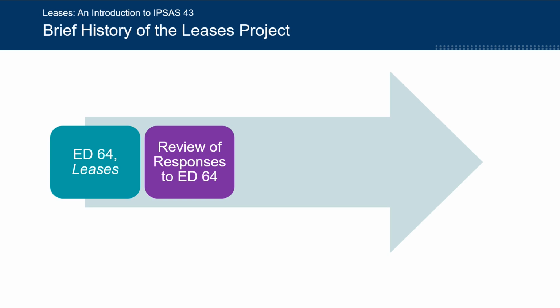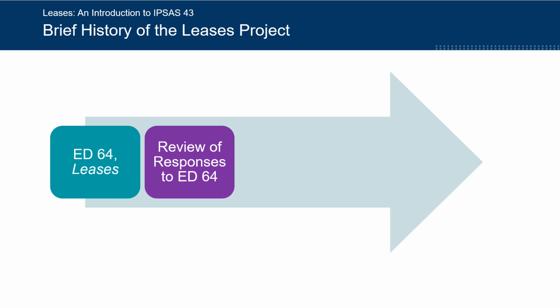Additionally, respondents were of the view that IPSASB needed to address public sector specific issues related to leases, for example, concessionary leases, access rights, and other types of arrangements in the public sector, etc. However, respondents provided diverse views on how to address these public sector specific issues.